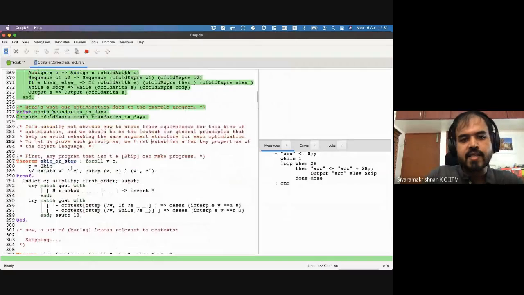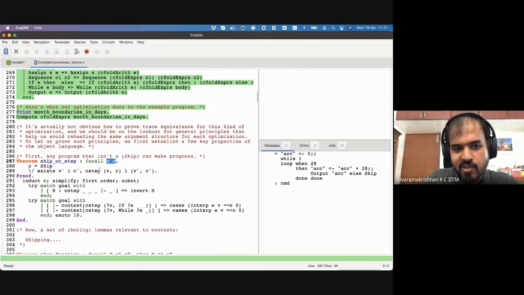So the first thing is totality, right? We said for all v, c. This is very similar to unstuck. So either the command is already a skip command, or there always exists a v prime, c prime that you can step to, right? So this is just a nice property that we have.